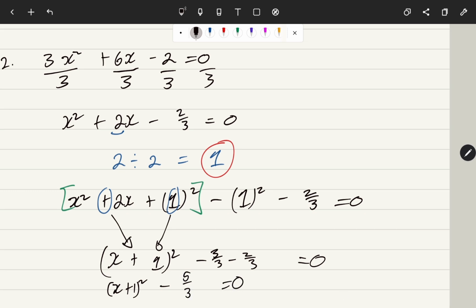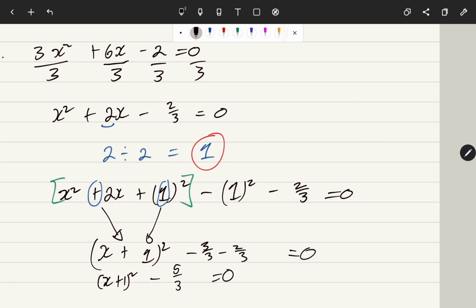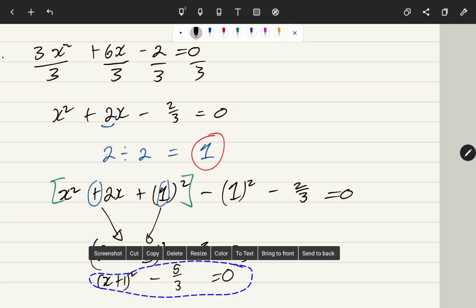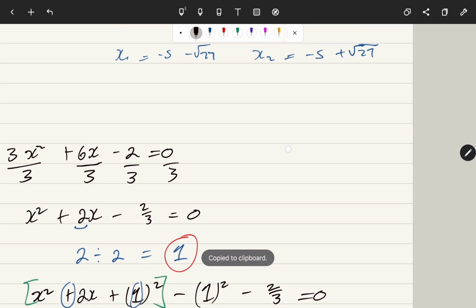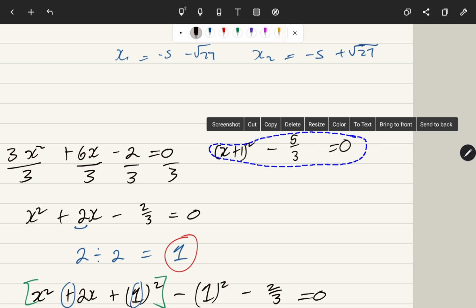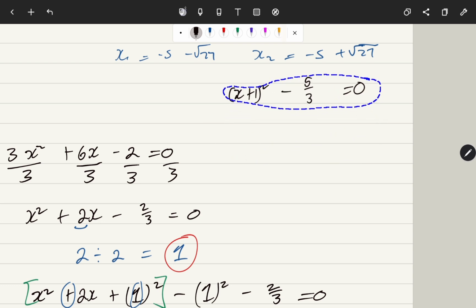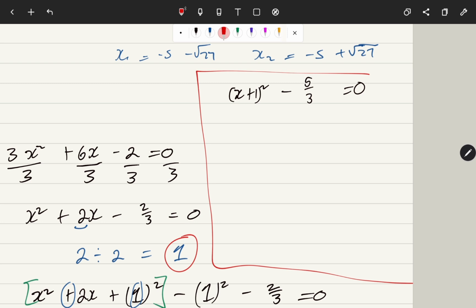Looks like we're going to need more space. Let me copy this and paste it here. Cool.